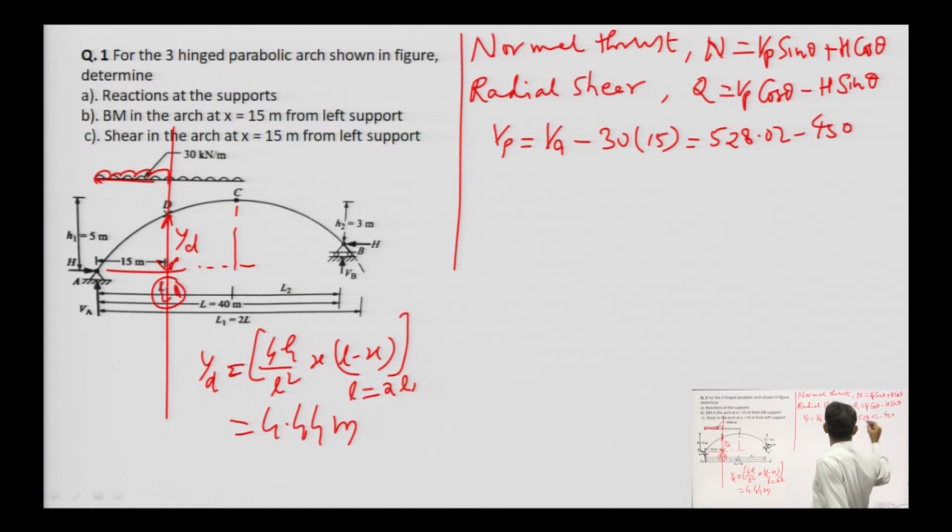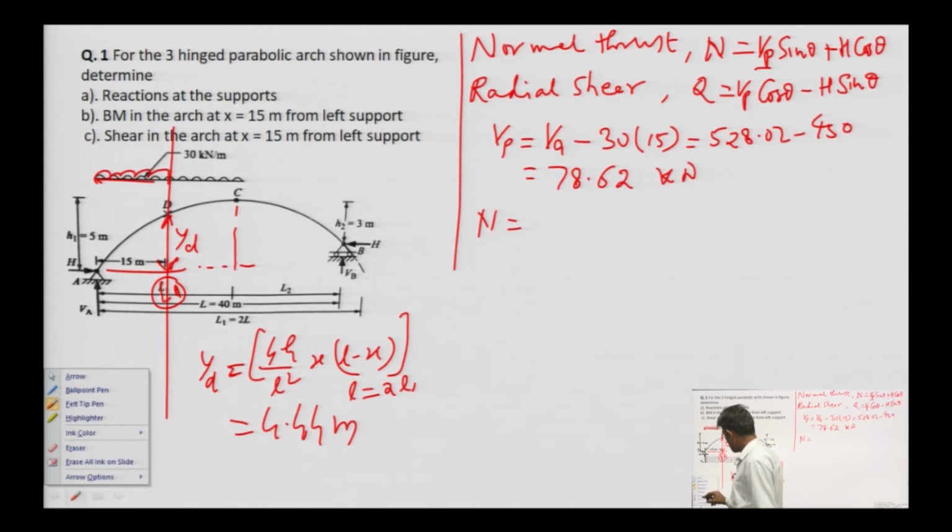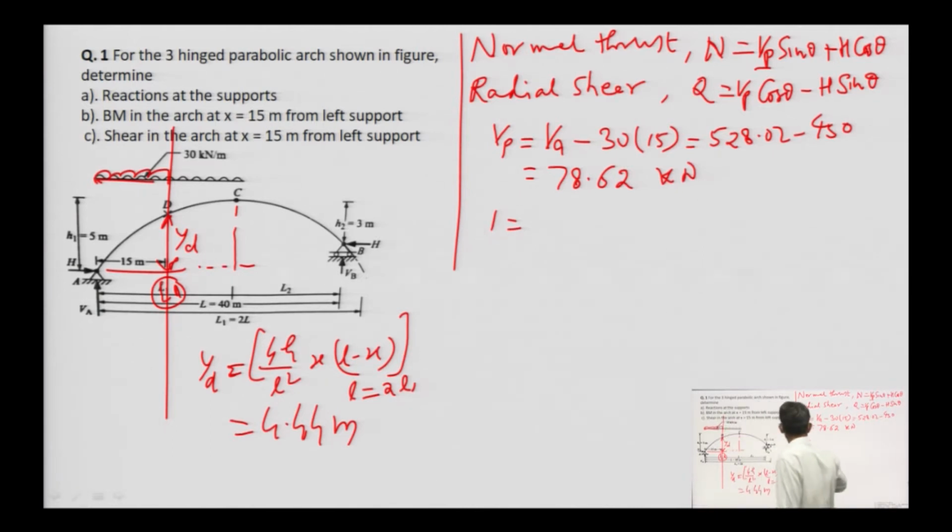So, Vp is 78.62 kilonewton. So, this is the value of the vertical shear. H, everything is known to you. So, by putting the values in N, theta is not known to us. So, to calculate the value of theta, what will we do?